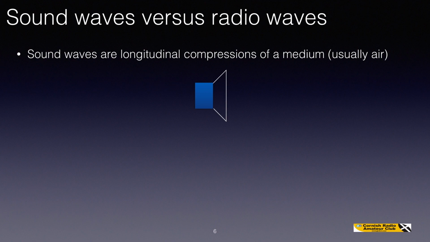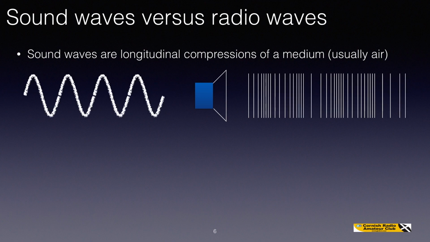If you dig a little bit deeper, and this isn't required for the foundation exam, you will see that there is a fundamental difference between radio waves and sound waves other than the frequency which is used. Sound waves are longitudinal compressions of a medium, usually air. If we apply an AC signal to the input of a speaker, it will produce sound waves as the cone vibrates.